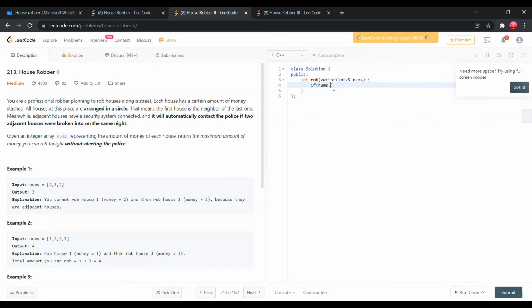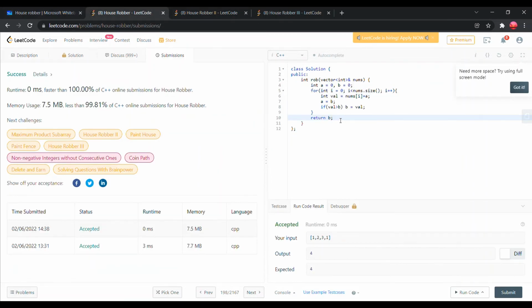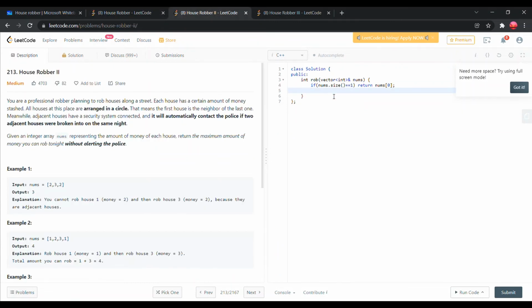If nums.size equals 1, then just return nums of 0, because obviously you'd want to loot that house. Otherwise, let me just copy the code from here. And this is B, and here again I put A equals 0, and let me put B2 equals 0.